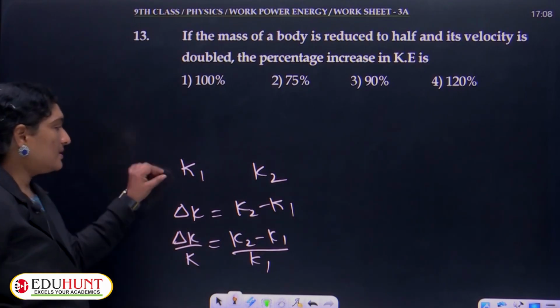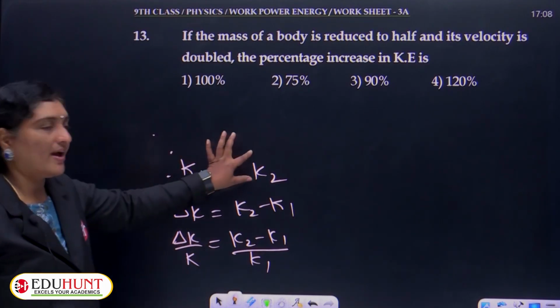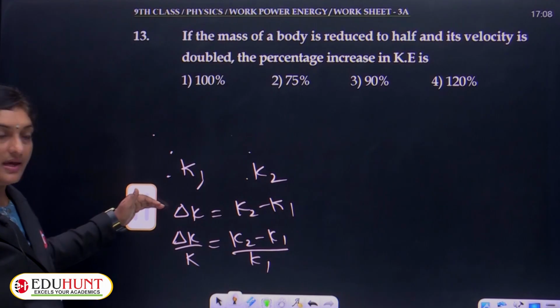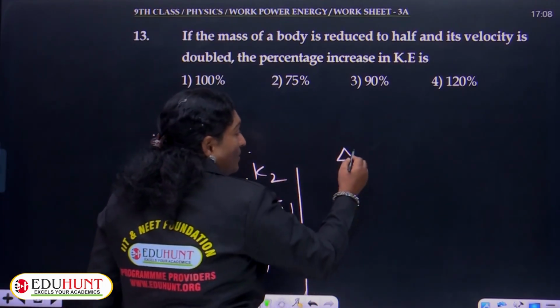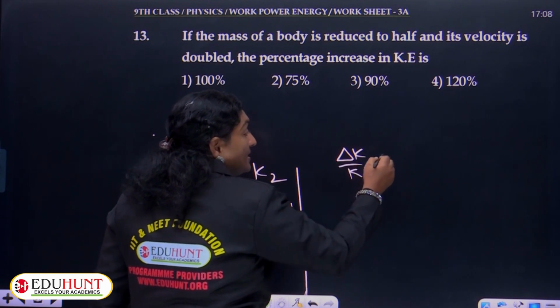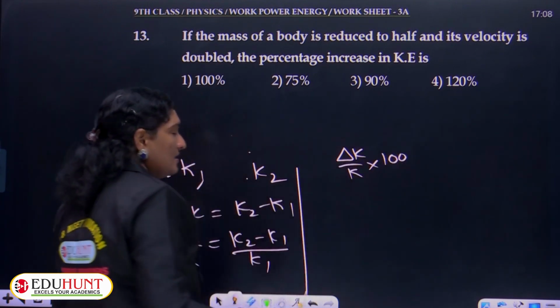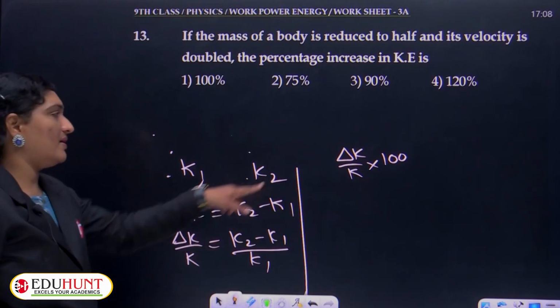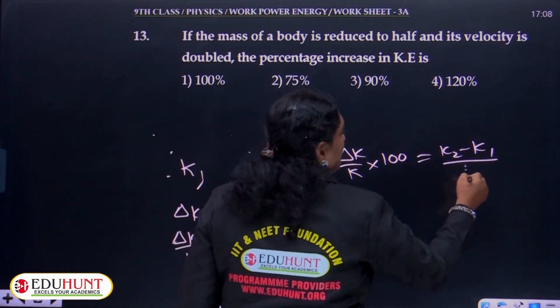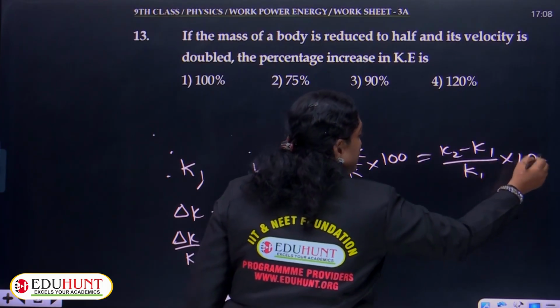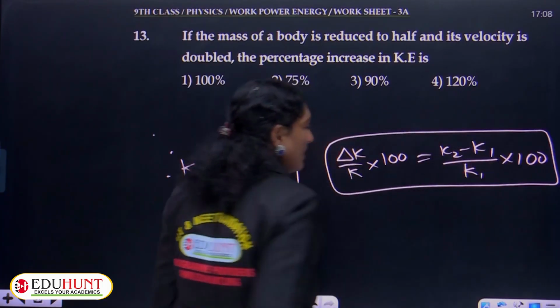This is initial, this is final, this is the change in kinetic energy and this is the relative kinetic energy. But as you are asked to find the percentage change in kinetic energy, you have to multiply this relative energy by 100. Then your answer will be K2 minus K1 upon K1 into 100. This is the formula you have to apply.